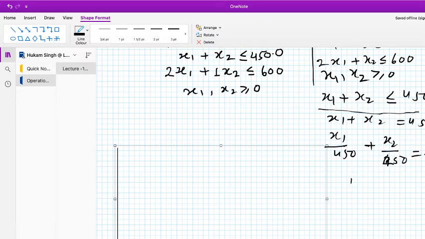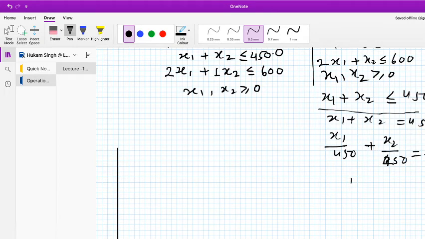Okay. For the first line, since the intercept on the x-axis is 450 and the intercept on the y-axis is again 450, let us find the point 450. Let us say this is 100, this is 200, 300, 400, 500.